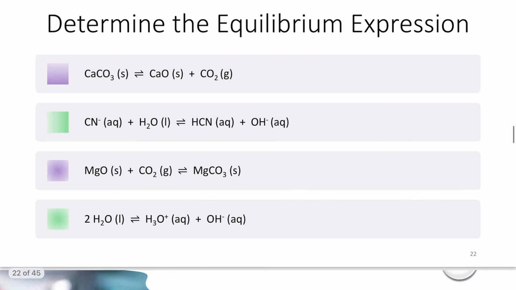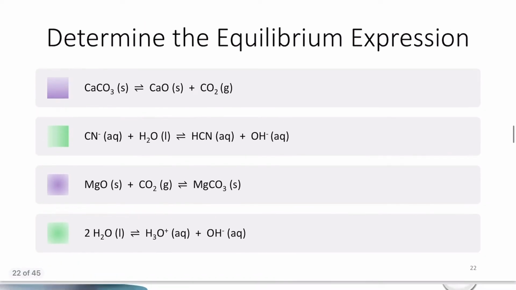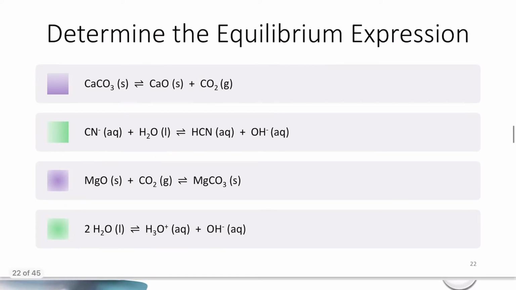Let's work a few examples just to make sure that you're comfortable with this concept. The first thing you should do when you look at these, one of two ways: either look at these and say, okay, gas, I'm going to ignore the others, or look at it and cross out the solids and ignore them until you're comfortable with it. Your K expression is always products over reactants. So for Kc, I'm first going to write down any products I have that are gas or aqueous.